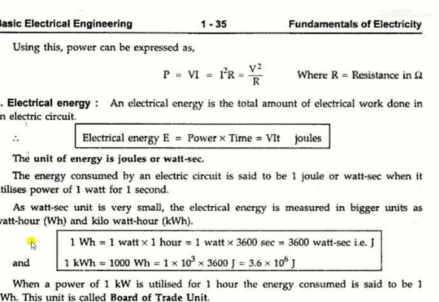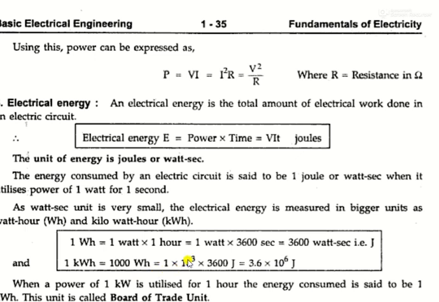While we are solving numericals based on the calculation of energy, power, or work done in an electric circuit, we need this relation: 1 watt hour equals 3600 watt seconds, or 1 kilowatt hour equals 1000 watt hour, which equals 3.6 into 10 to the power 6 joules.